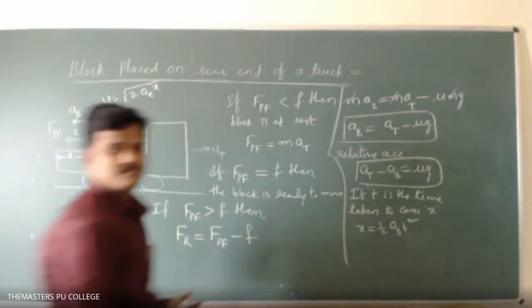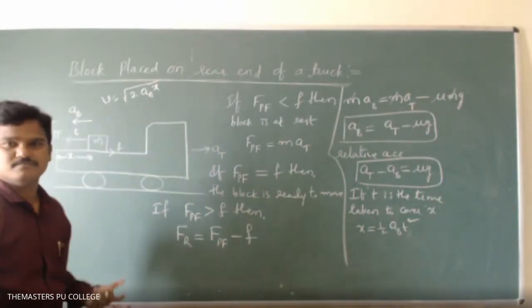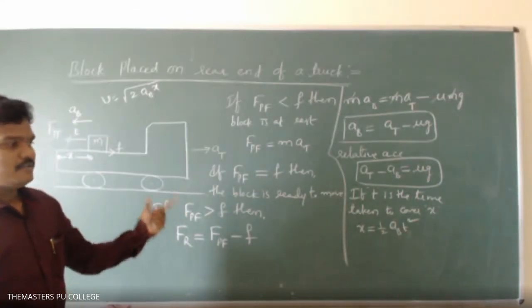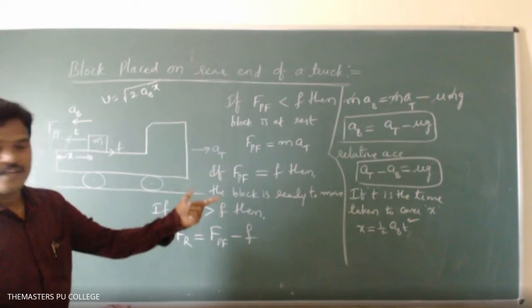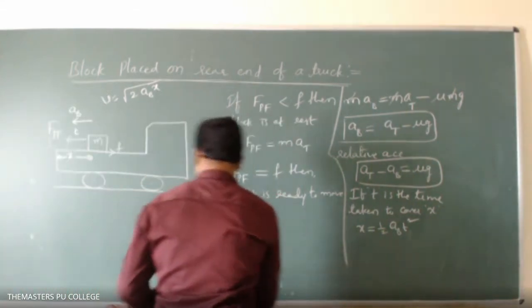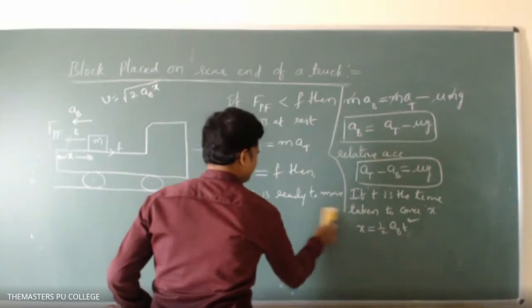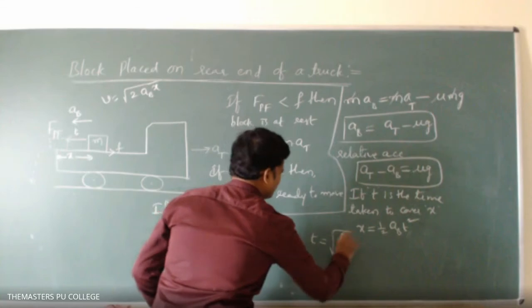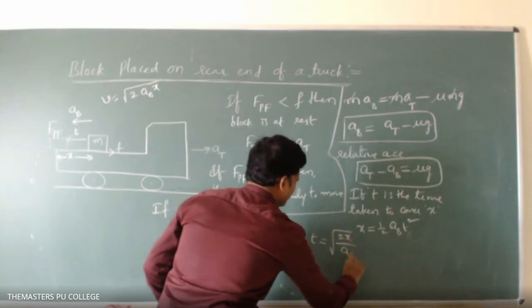Because both start from rest, s is equal to ut plus half at squared, with u equal to 0. Here s is x and a is the acceleration of the block. Then what is t? t is equal to root of 2x by AB.